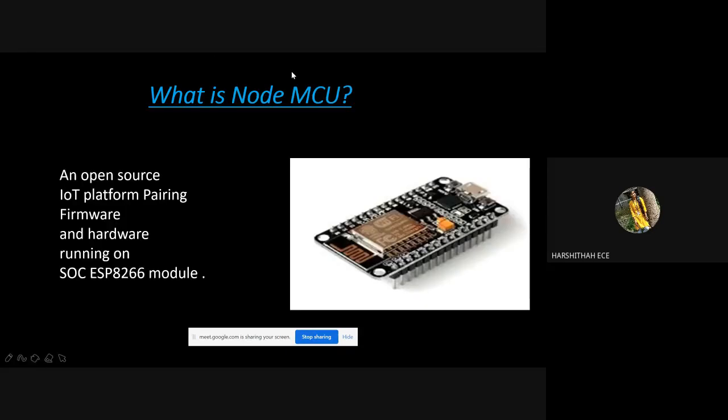So, okay. What is NodeMCU? There is something called ESP8266, so don't confuse it. NodeMCU is actually a development board. It's used in IoT platform where your firmware will be running on your module, that is your ESP8266 module.